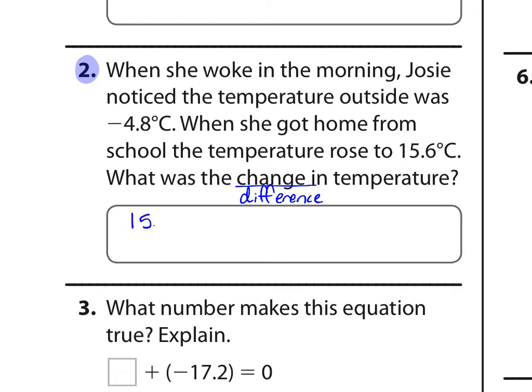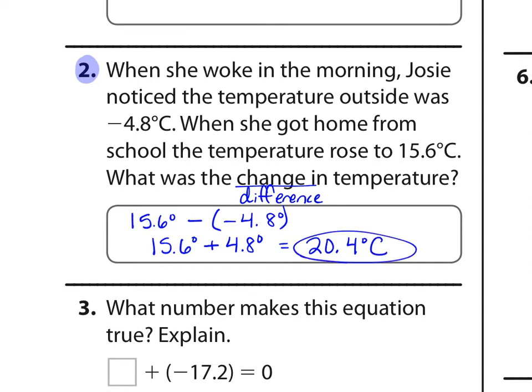So I'm going to take 15.6 degrees Celsius and subtract negative 4.8 degrees Celsius. And minus a negative is the same thing as adding a positive. And when I add these together, I get 20.4 degrees Celsius. That's the change in temperature.